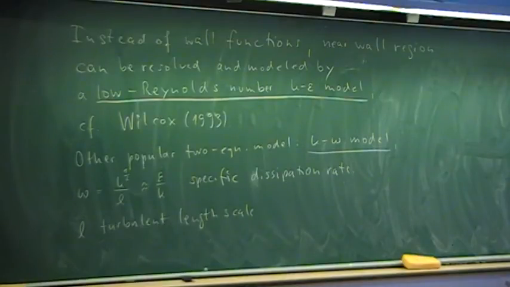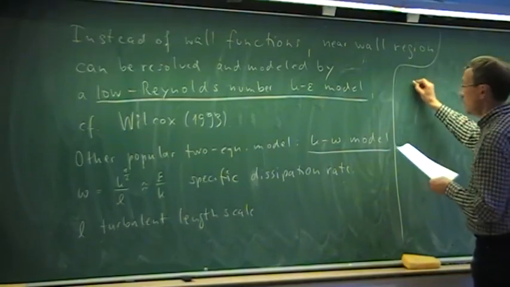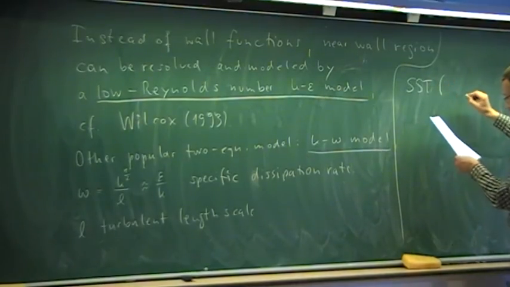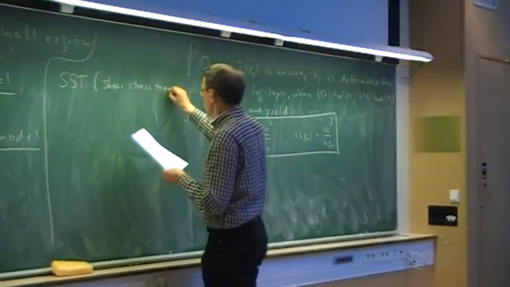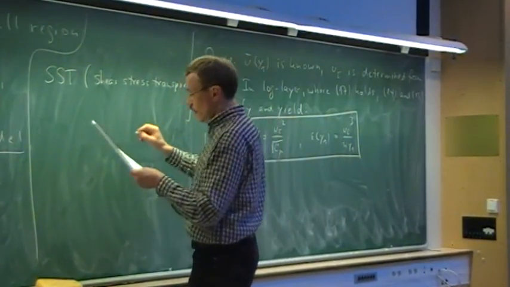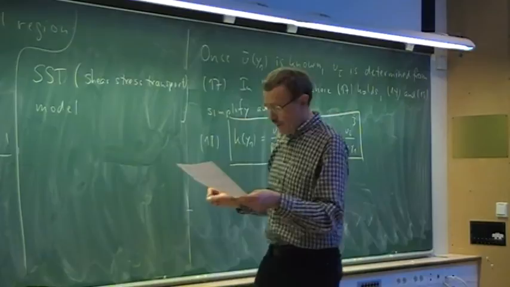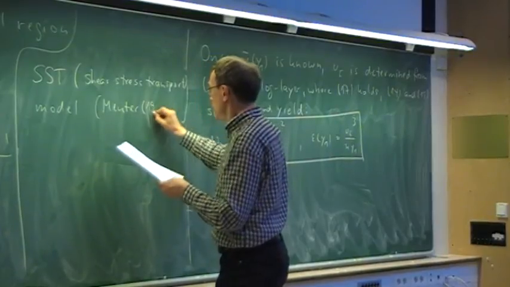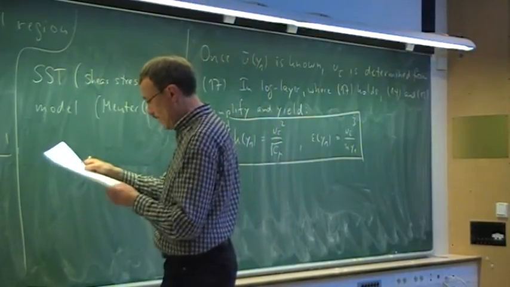But the model that is probably used mostly nowadays is a combination of these two models. This combination is due to Florian Menter, and that is the SST, the shear stress transport model, sometimes also the SST K omega model, by Menter, 1993-94, and that is a combination of the K epsilon and the K omega model.